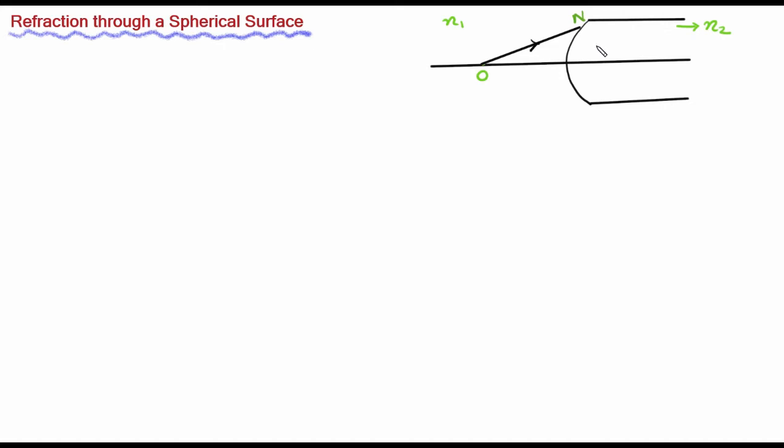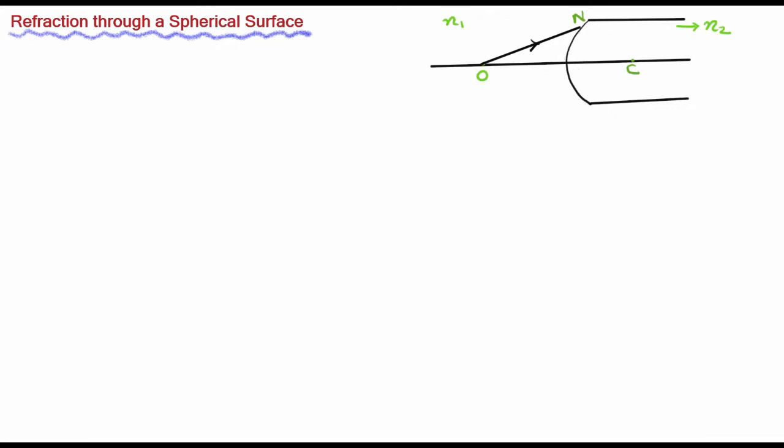We have to draw the refracted ray. Before we draw it, we need to mark the center of curvature C. On the right side you will have the center of curvature, because the sphere will be formed on the right side of the spherical surface.